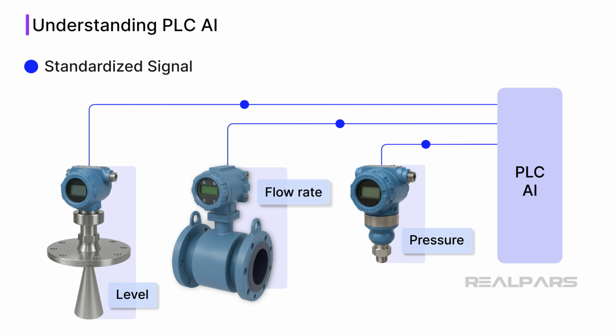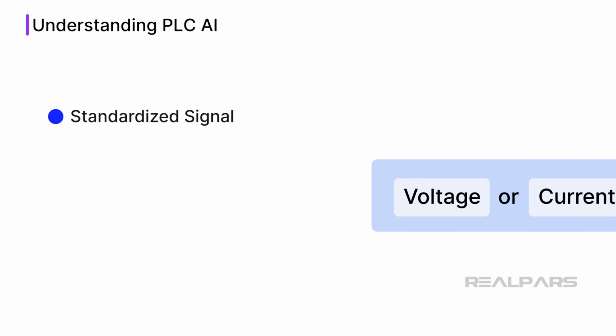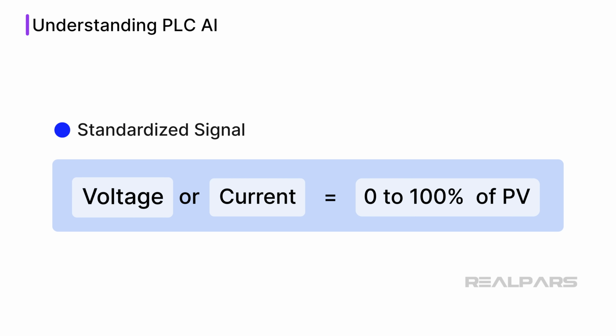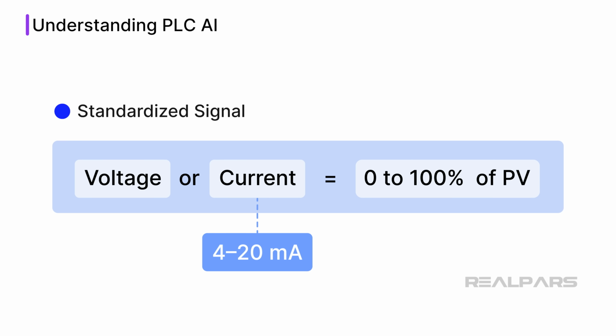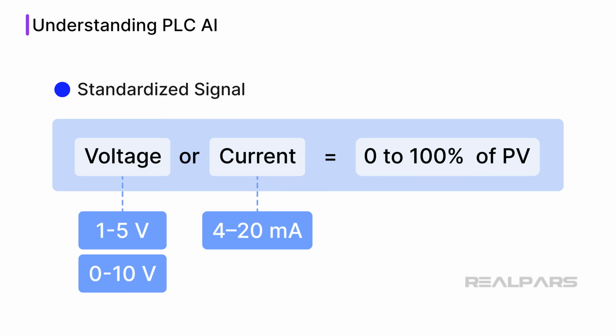We keep mentioning standardized signals. So what are they? A standardized signal is a voltage or current in a range representing 0 to 100% of the process variable being measured. Common standardized signals include 4 to 20 milliamps for current loops, 1 to 5 volts, and 0 to 10 volts for voltage signals.